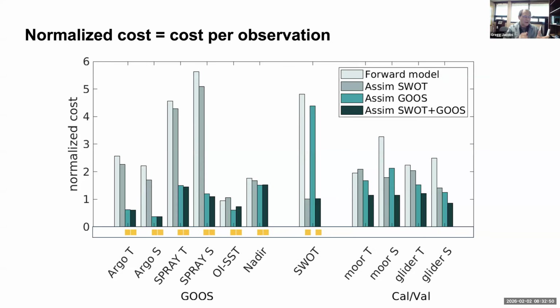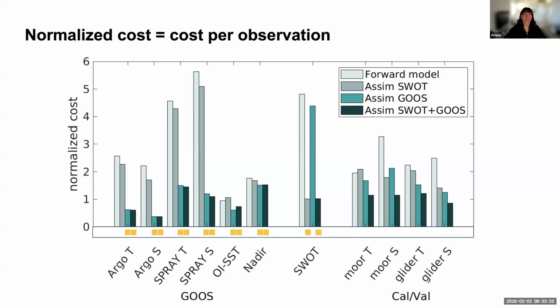Have you tried doing that when comparing these different data sets? I have not. That's a very interesting point. We could focus on where data sets are co-located, and we might find qualitatively different results there.